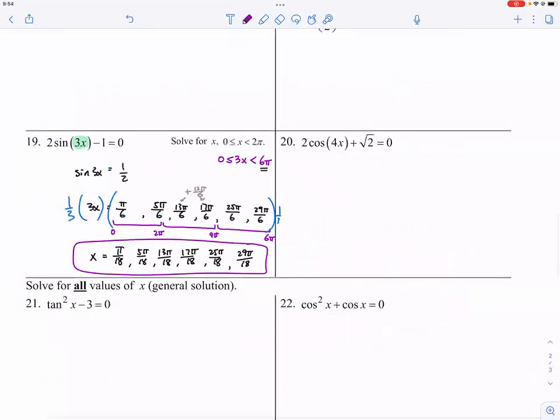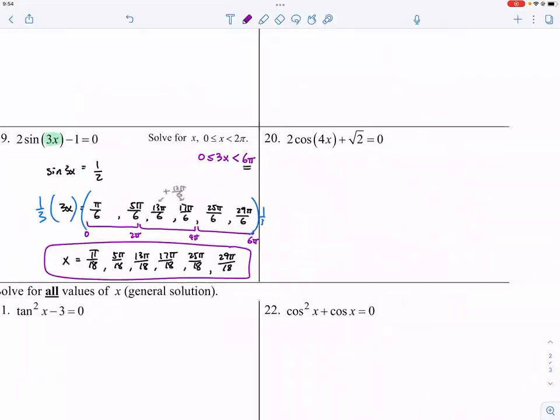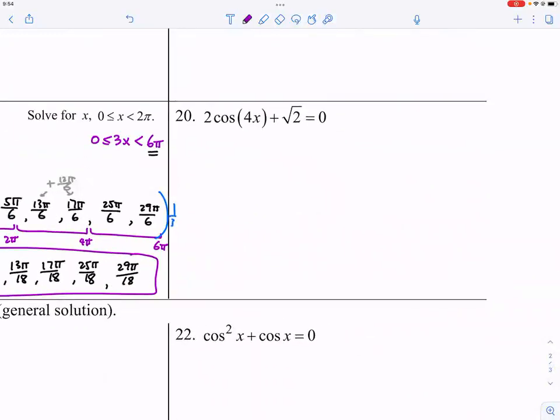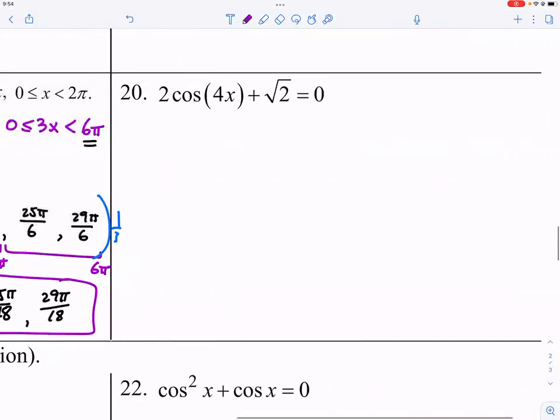So now if you take a look at number 20, how should we adjust our domain? We'll say our domain would be from 0 to 8 pi. All right, so I'm going to let you try it. See if you can get to the solutions.